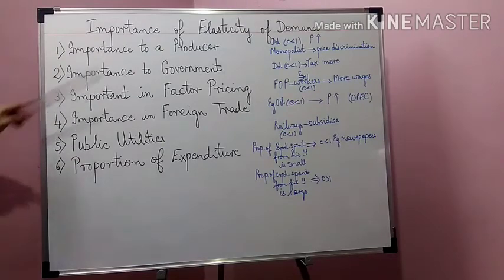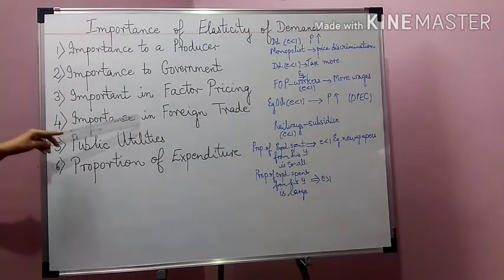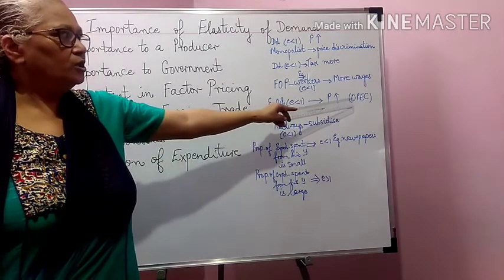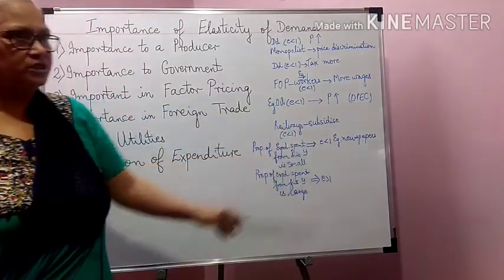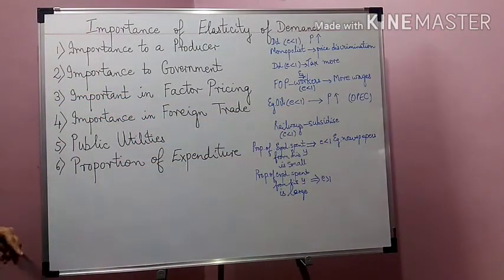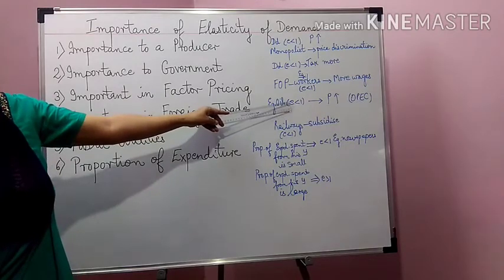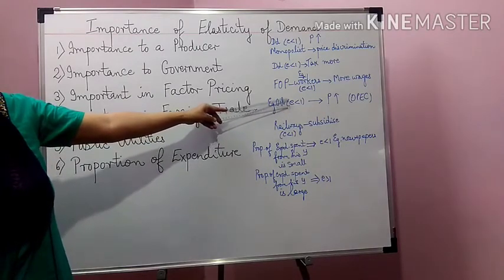Fourth point, elasticity of demand is important in foreign trade. For example, we have Organization of Petroleum Exporting Countries. What do we find? That always the demand for petroleum products or oil is rising. The demand is inelastic, relatively inelastic. Even if price for petrol rises, still demand is there.